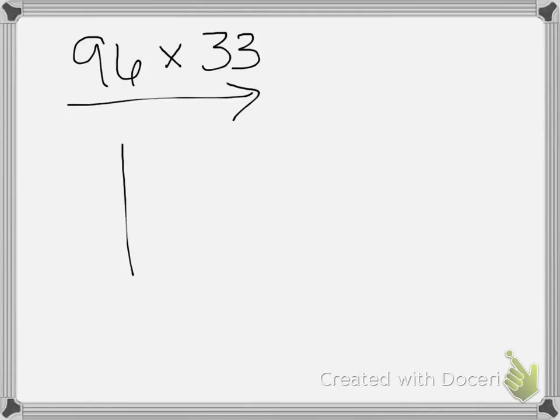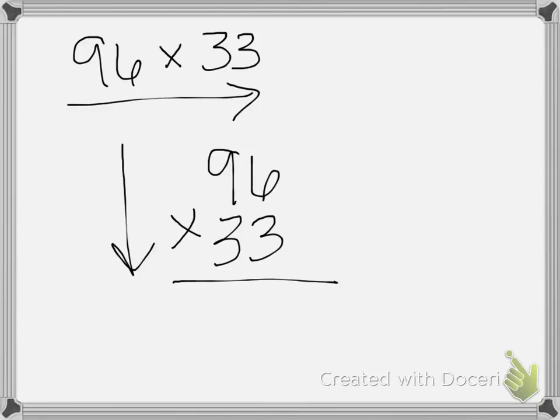All right, our last problem we're going to try looks like this. 96 times 33. Now if it's written like this, remember, this is horizontal, we want to write it up and down, vertical. So we need to either put the 96 on top or the 33. It does not matter which one goes on top. So we can write it vertical, and now we need to start multiplication.